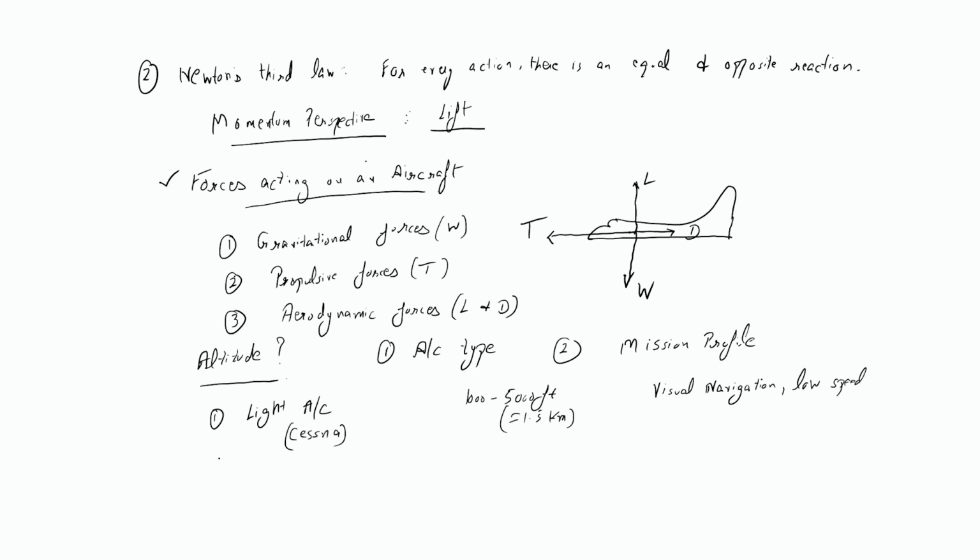light aircraft type. Second, let us talk about commercial jetliners. Okay, so as I said, it flies at around 35,000 to 42,000 feet, which again is approximately 10 to 12 kilometers.